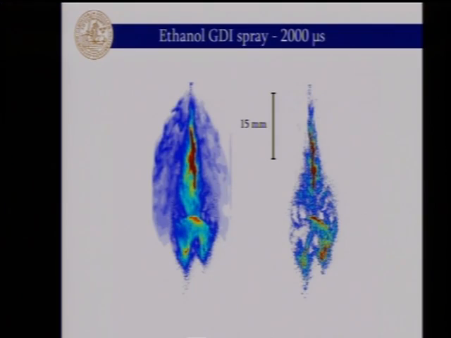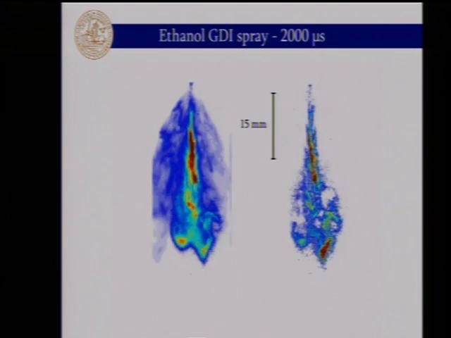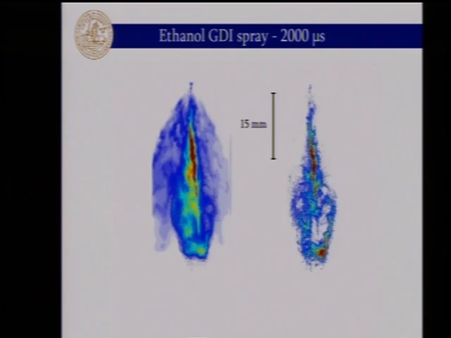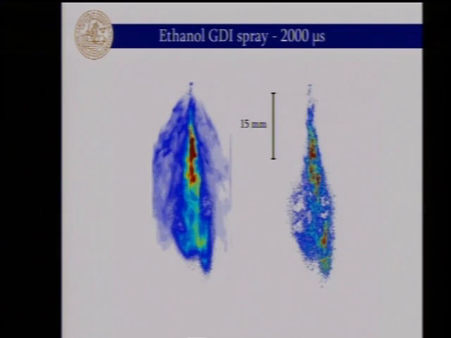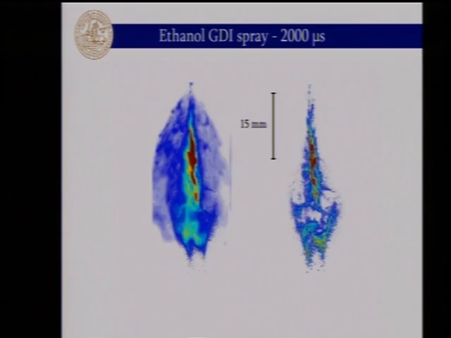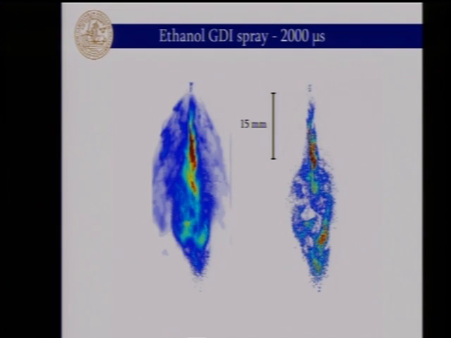So what's interesting is to look at the differences, the variation from injection to injection. And this is quite interesting in this case. You can see how turbulent the system is, and a lot of post-processing could be done to analyze those sprays.